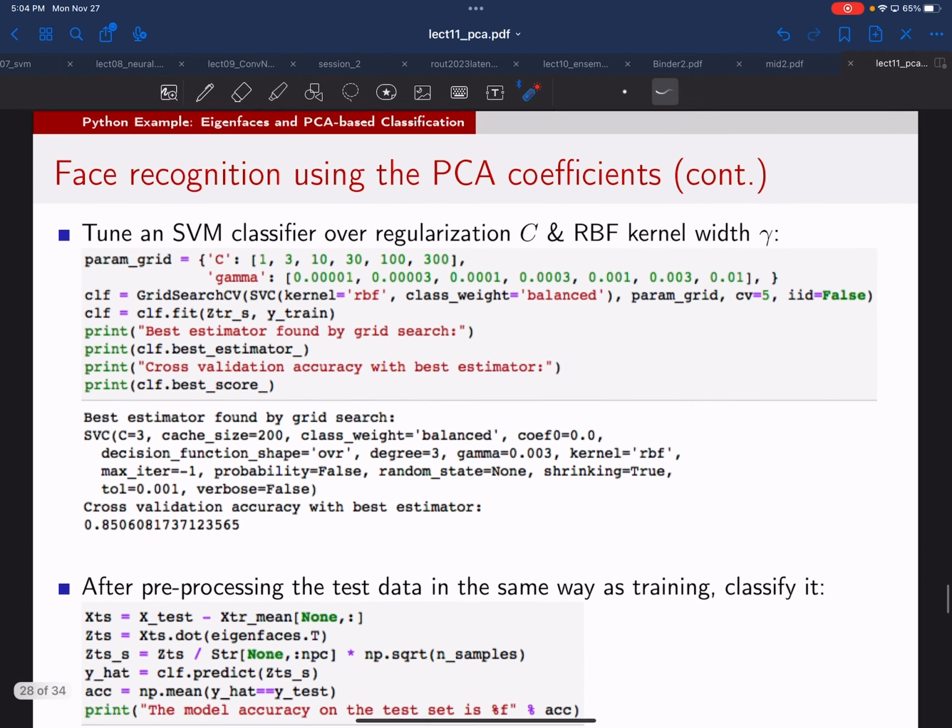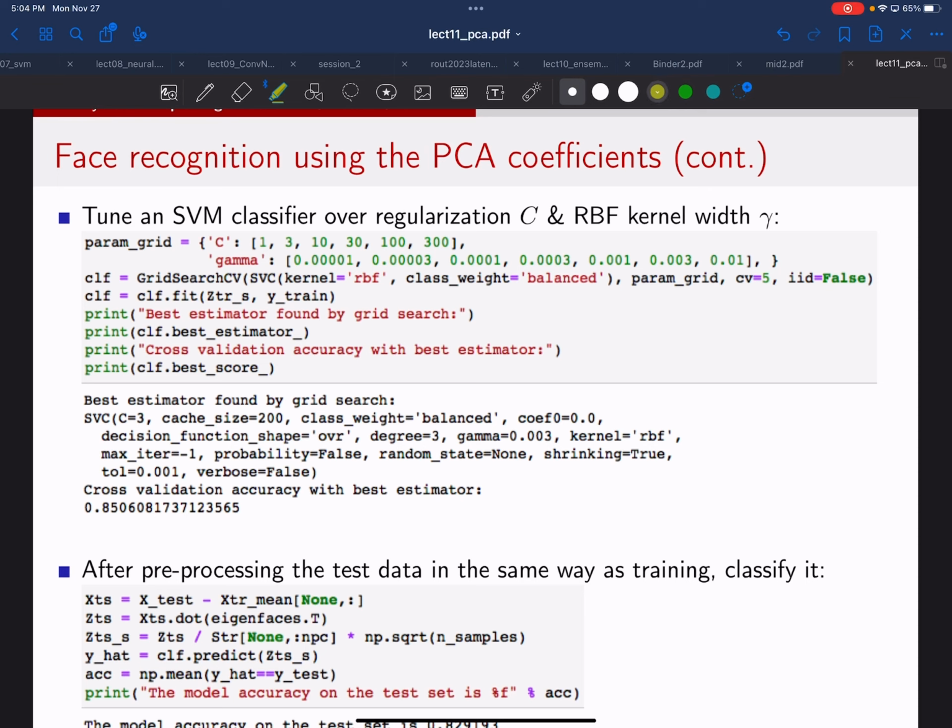And in fact, we're going to use an SVM classifier with a radial basis function kernel. As we know, we have 2 important parameters to adjust, the regularization C and the kernel width gamma. So we can do this in 3 lines in sklearn. We're mainly going to use this GridSearchCV command.